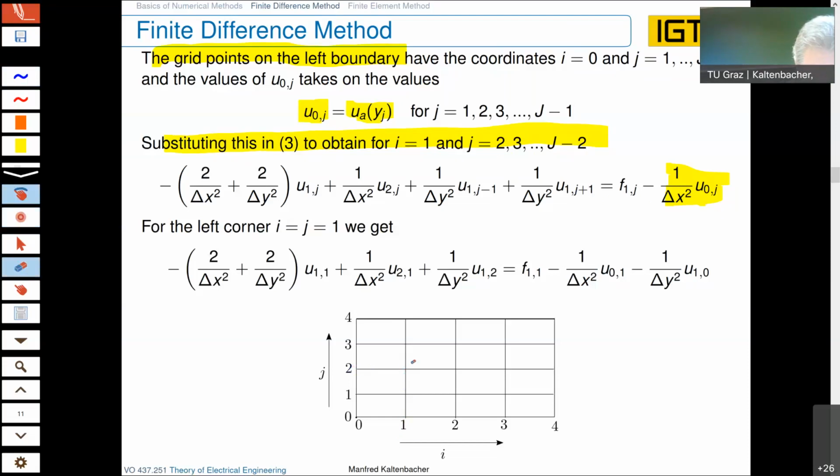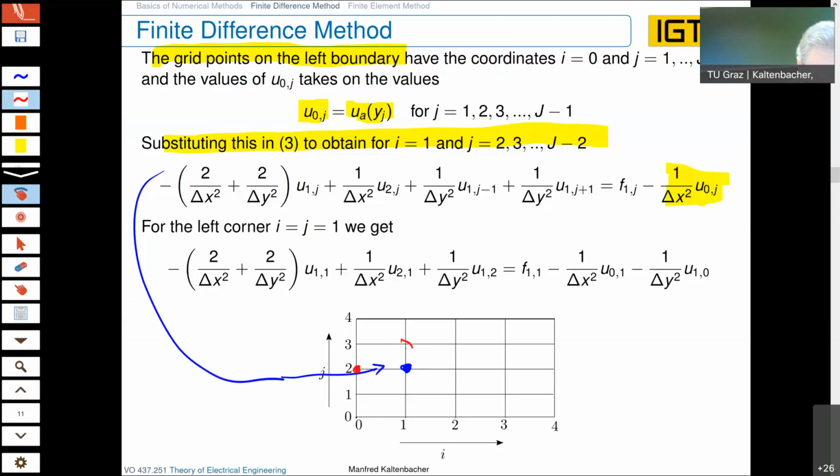So this can be just this node here. As you see in our case, this can be just this node, and then this is the only boundary node.